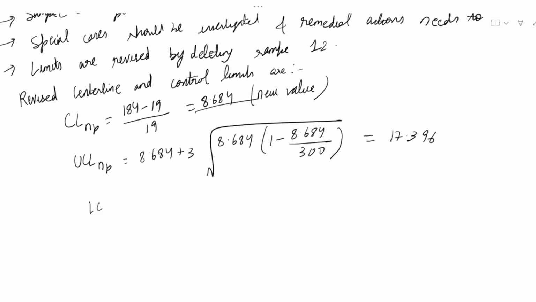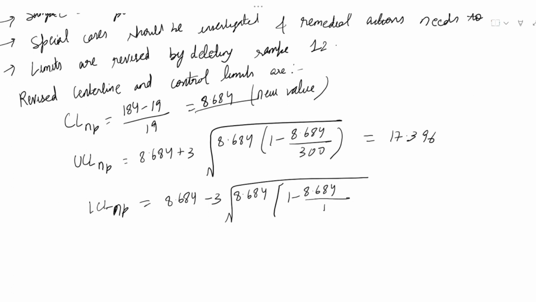Now the lower control limit is equal to 8.684 minus 3 into the square root of 8.684, 1 minus 8.684 by 300, which is equal to minus 0.028.